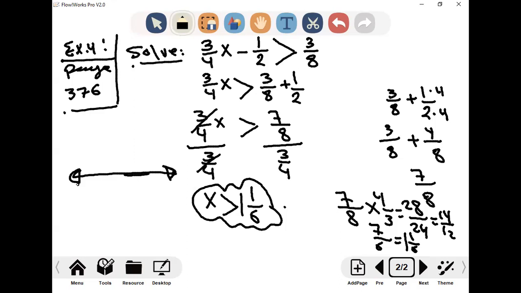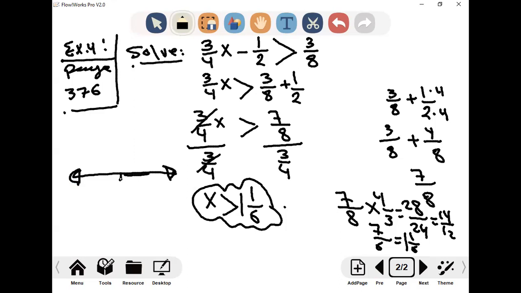Which is bigger, 1 and 1 over 6 or 1 and 1 over 4? 1 over 4 bigger than 1 over 6, right? So 1 and 1 over 6, it's between 1 and 1 and 1 over 4. So it is beside the 1, before the half. Got it? Sometimes you don't have the number itself on the number line.